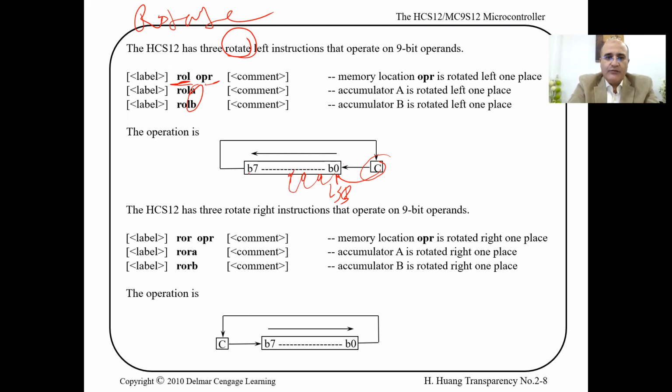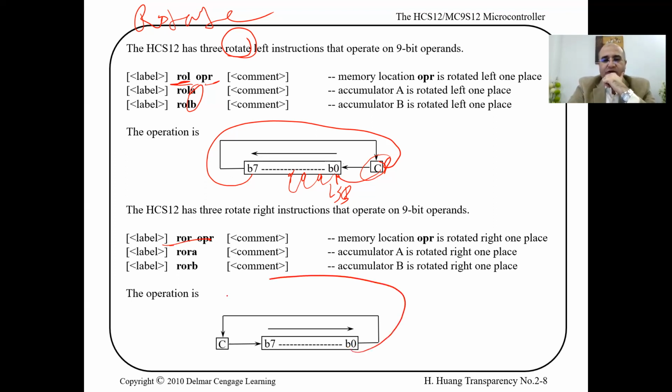Bit 7, the most significant bit, goes back to carry. Okay, this is the rotate left. It's like a rotate or shift through carry, as sometimes other processors call it. The carry becomes part of the bits involved in the rotation. Rotate right, same thing. The least significant bit goes to the carry bit, which goes to the most significant bit, and so on.